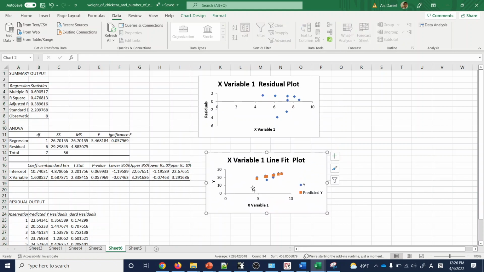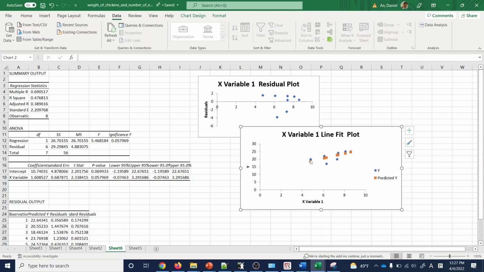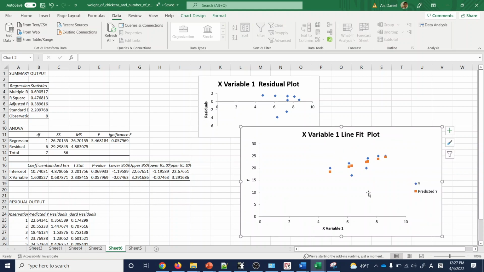First of all, it will give you the linear regression graph. Let me make it bigger. You can see that the actual data are the blue, and the orange one is the straight line, which gives you the predicted value.